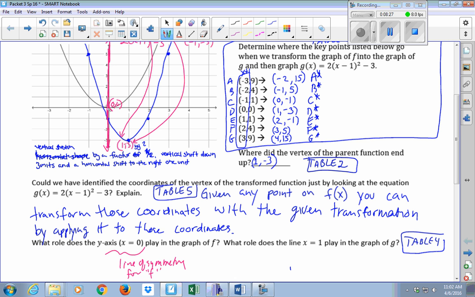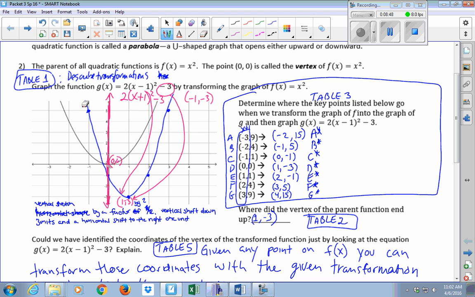We say that f has even symmetry because if we go to the right and left of 0, 0, in opposite equal distances from 0, we come up to the same height above the x-axis. f of the opposite of x equals f of x. That's even symmetry. Now, if we look at our blue parabola, what table 4 was saying was the right idea: they're looking at the x coordinate of the vertex, which is 1.